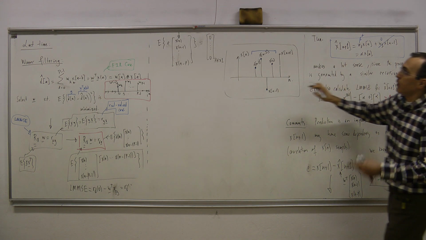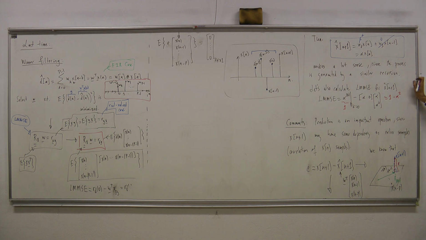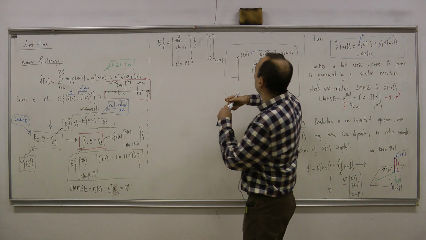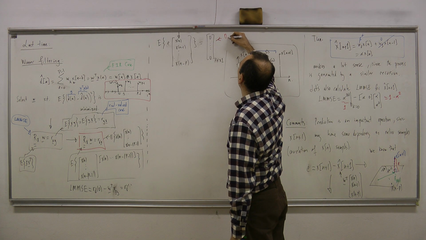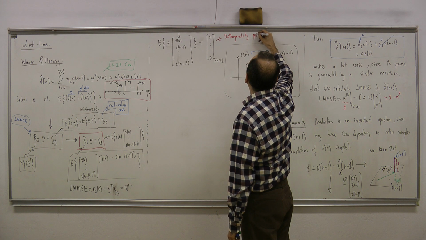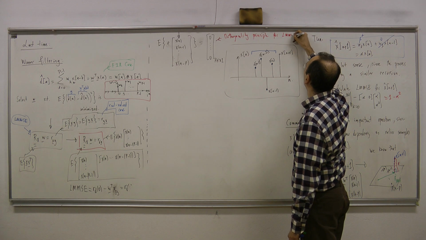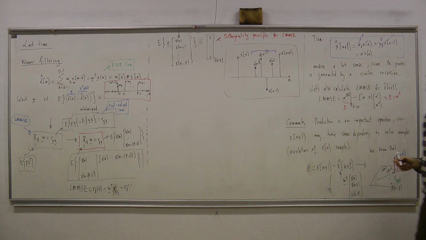Because this is our inner product definition for the random variables, this is the orthogonality principle for linear MMSE estimators. This is very important, let's write it.